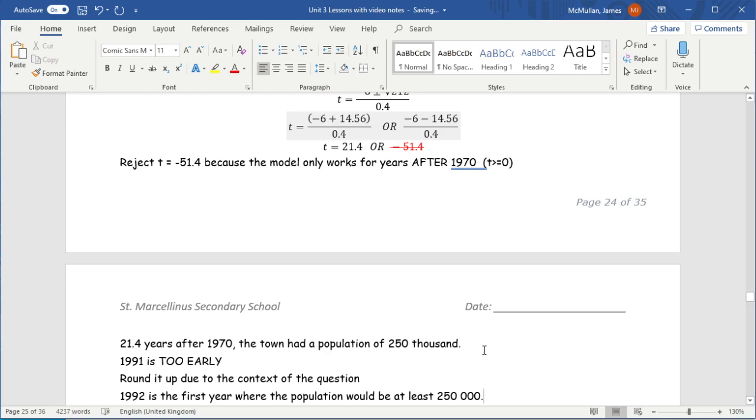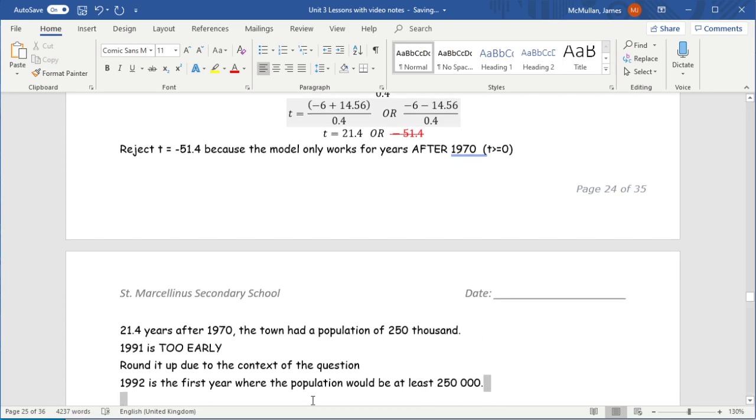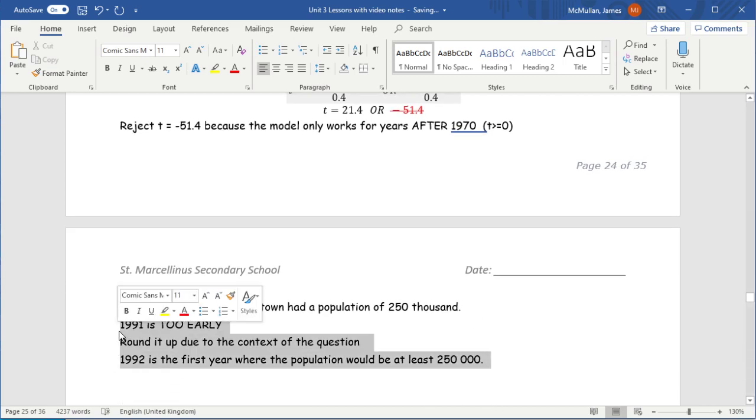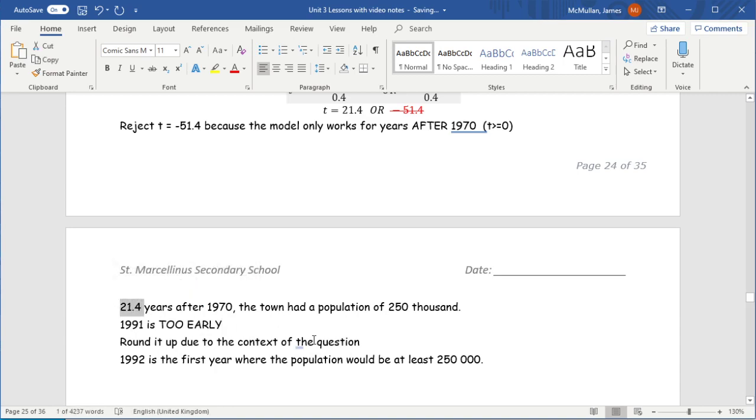Okay, which is what we were asked to do. So just be careful on some of these questions, and at the end, try and think it through. Do I need to round it up or round it down in order for my answer to make sense? Again, normally you would take 21.4 and round it down, but the question is asking in what year will the population be at least 250,000. If you give the answer 1991, it's actually too early. It doesn't happen until halfway through the year in 1991, right? So we're going to say 1992 instead.